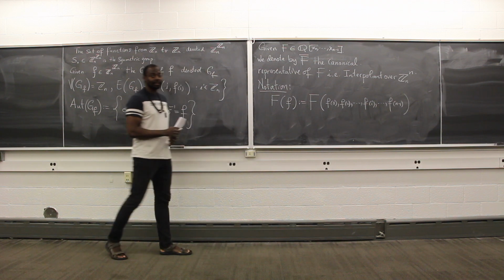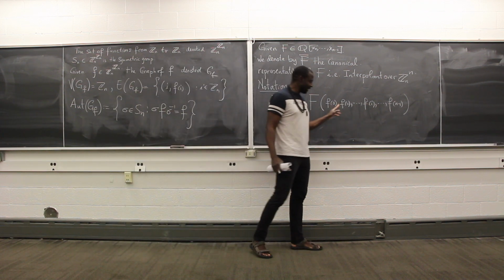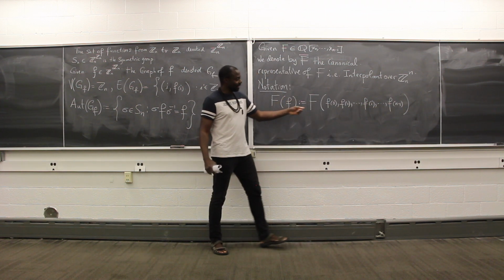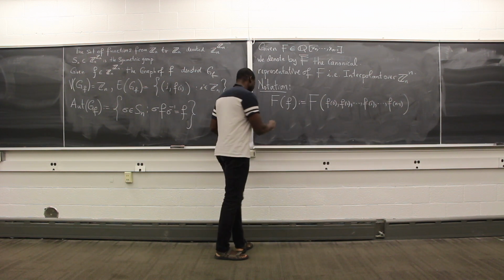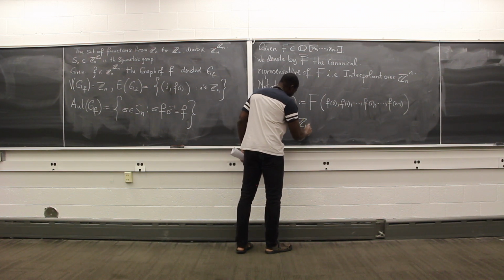Does this make sense? So if you want to evaluate at these values, I'm simply going to write f evaluated at f. You're just plugging the different values of the function f, for all f in Zn to the Zn.